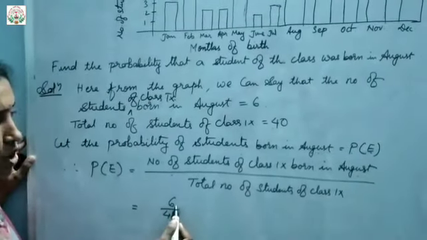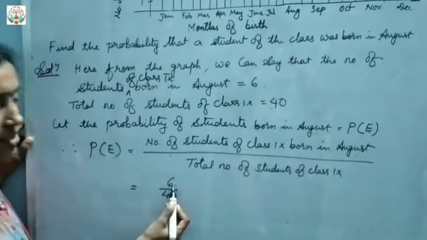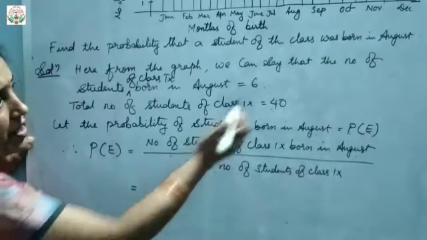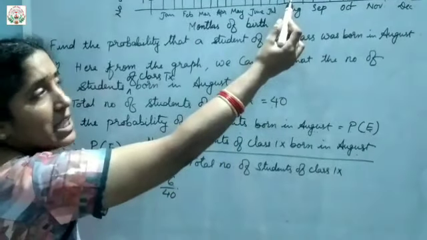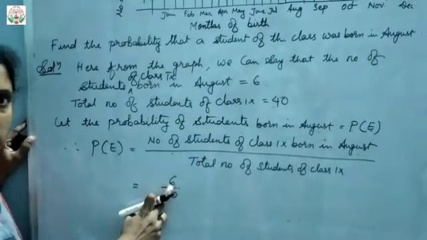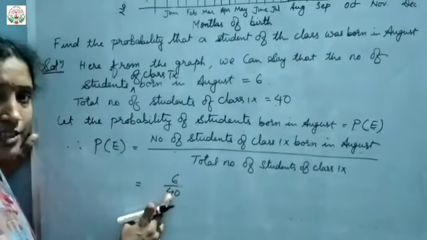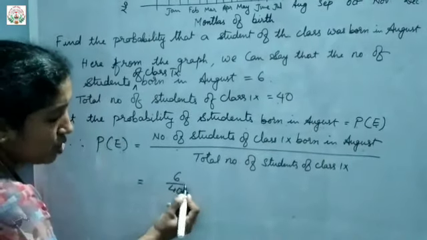Seeing the graph, you can understand that 6 students were born in August. So it is 6 upon the total number of students, that is 40.